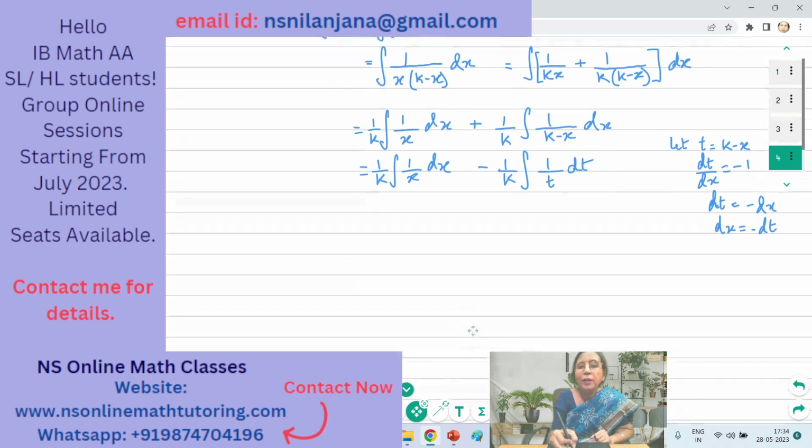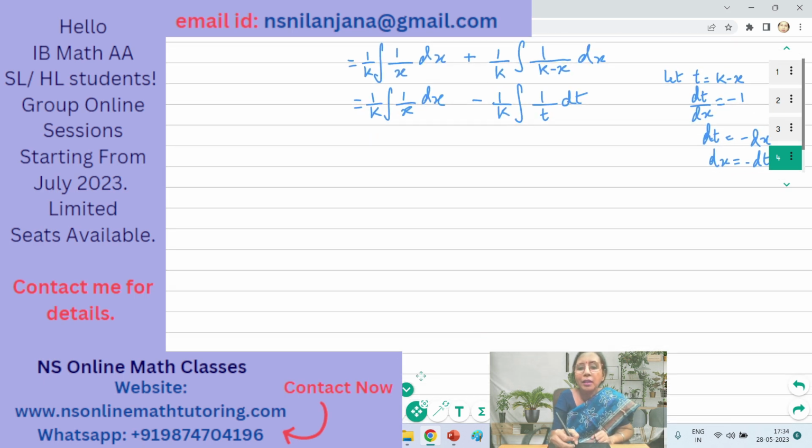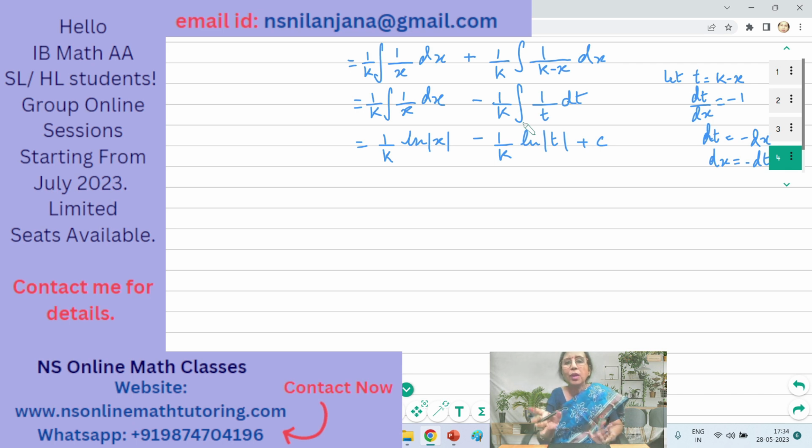Now I will be performing the two integrations in a single step. This is ln of x. This is minus 1 over k ln of t and plus c. Because I have performed both of them together, I can write a single constant of integration.